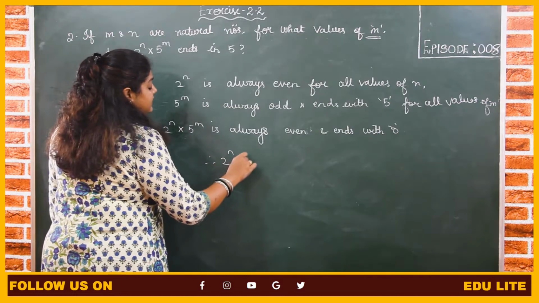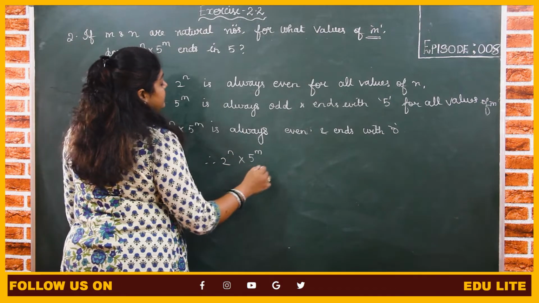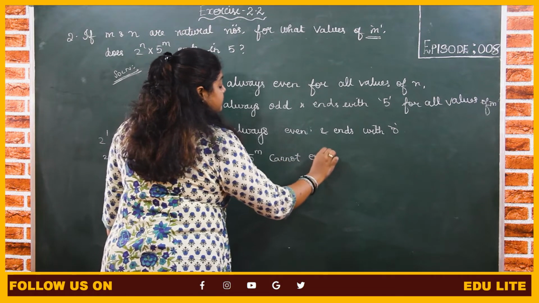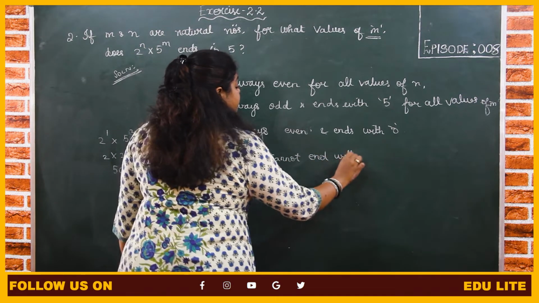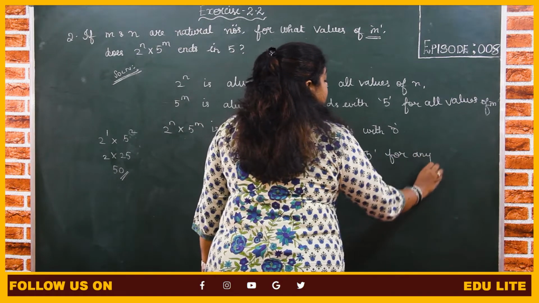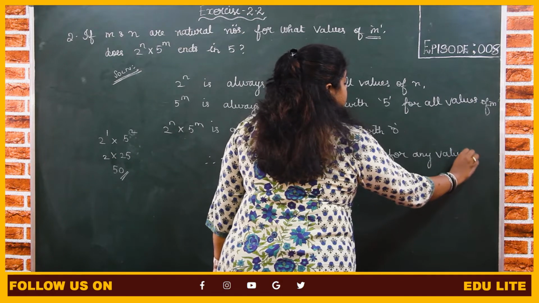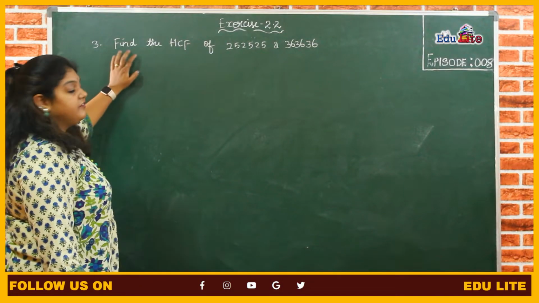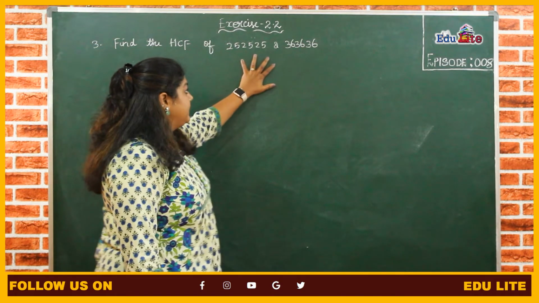Therefore 2 power n into 5 power m cannot end with 5 for any values of m.